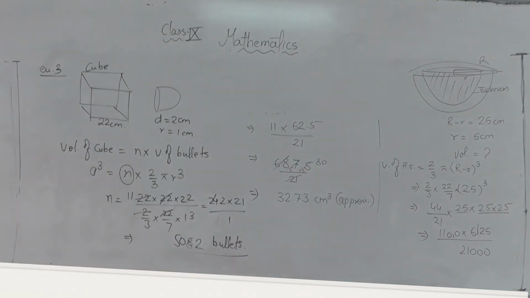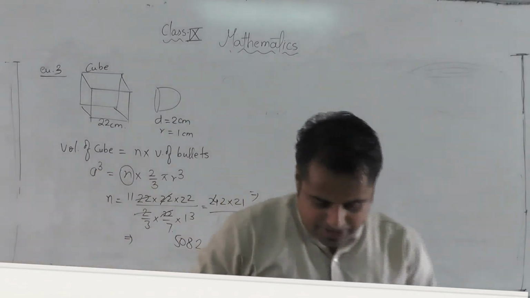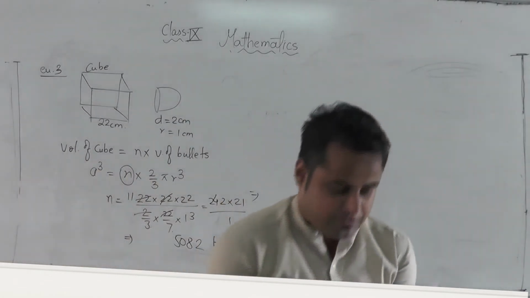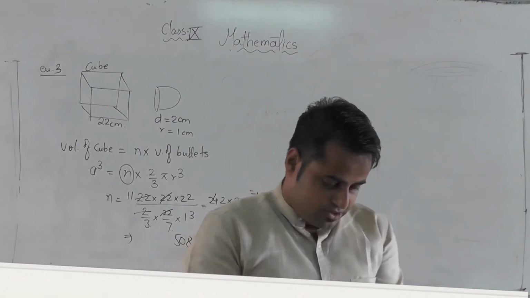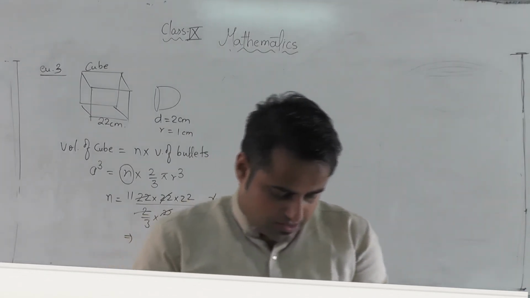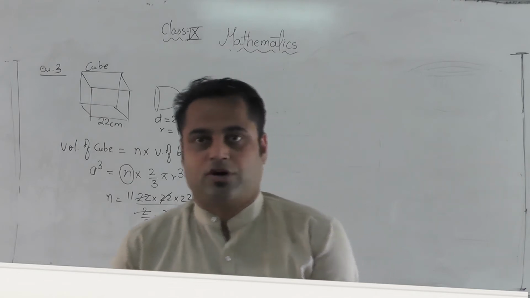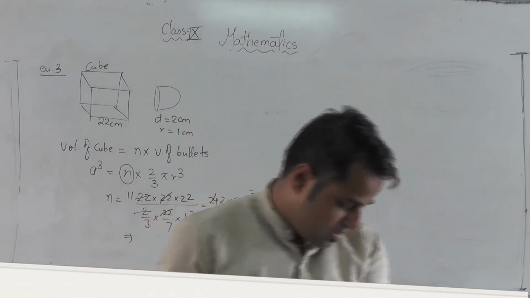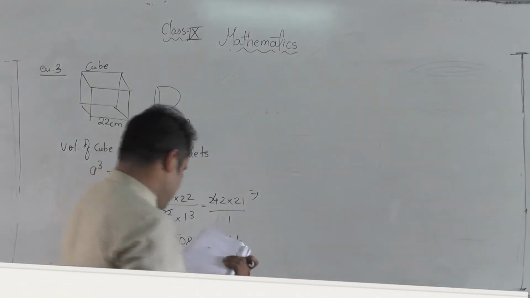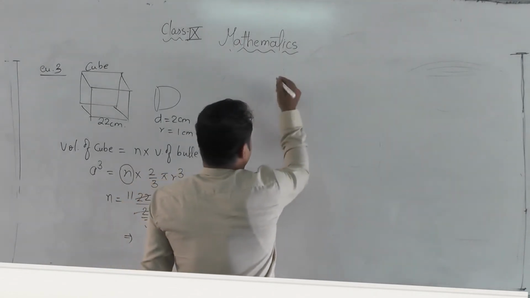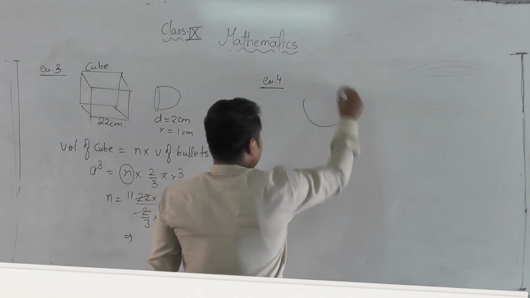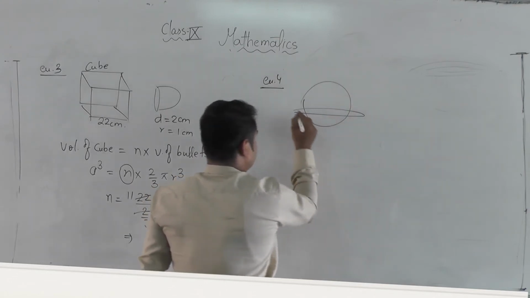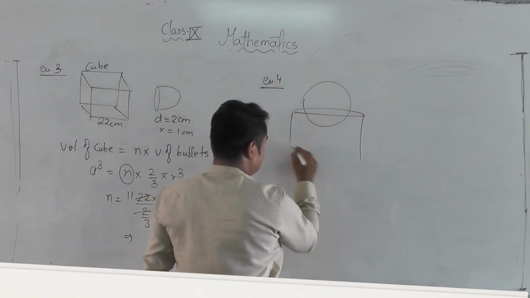Okay. Let's see one more question based on this hemispherical concept. One question we'll see now of a sphere when immersed in water. A sphere of radius 5 cm is immersed in water. Example 4. A sphere which is immersed in water and water is in a cylinder.